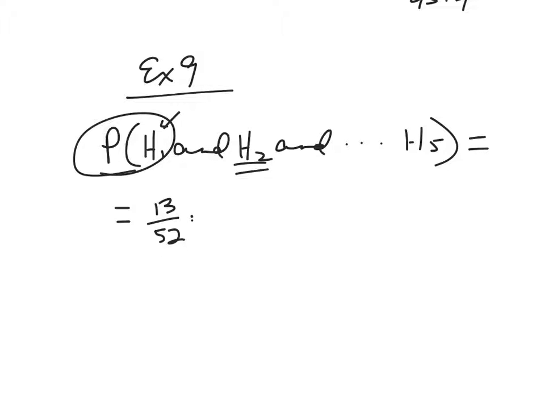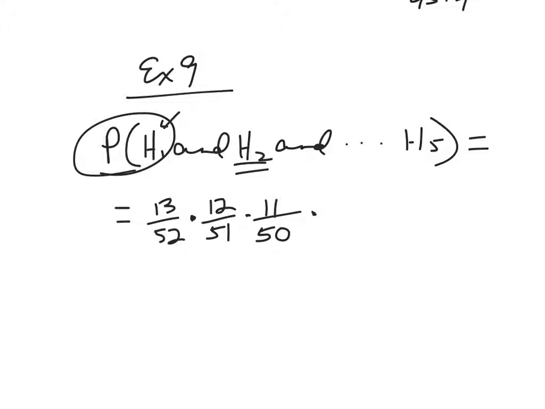Well, if I assumed it happened, then the first card that I picked was a heart. It's sitting out now. So I've only got 12 hearts left out of 51 cards left. Now I assume I got heart on the first and heart on the second. I go and find heart on the third. Well, now I've only got 11 hearts left out of 50, and now you can kind of get a feel for how this is going to go.